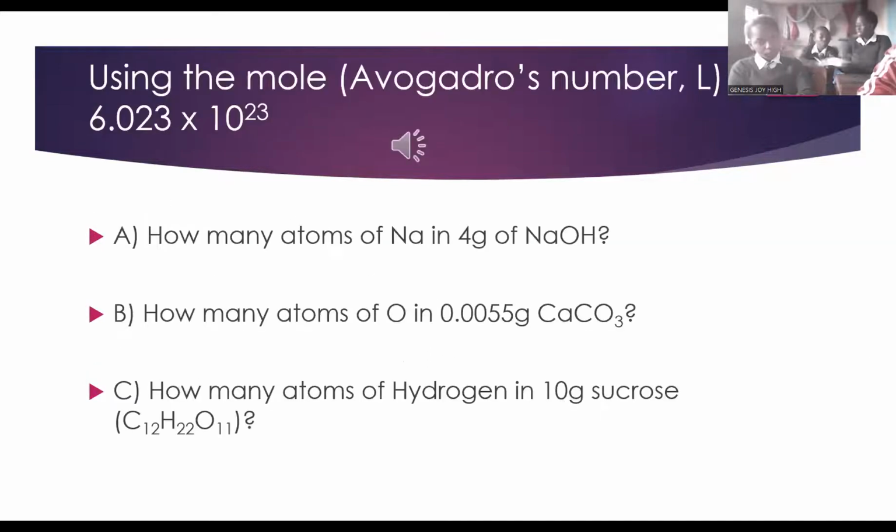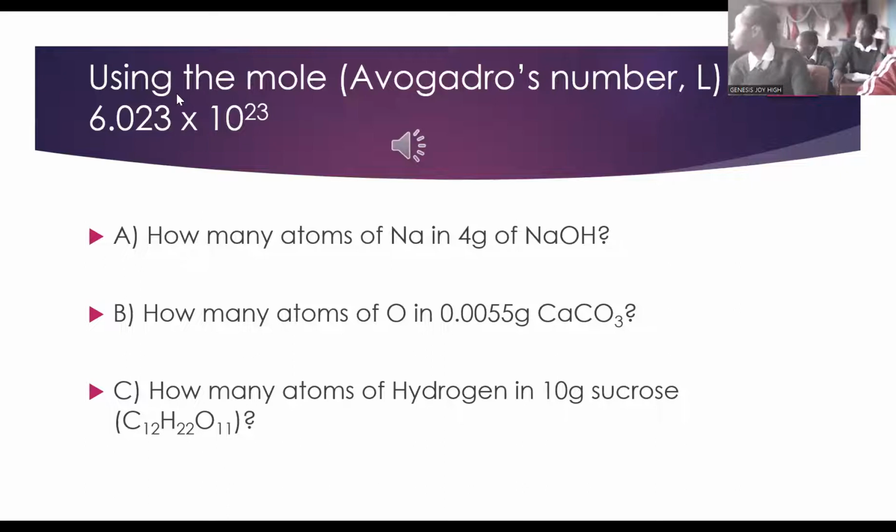In this one, we are using 6.023 times 10 to the 23. This is Avogadro's number. What we do is work out the moles, and we know 1 mole is 6 times 10 to the 23.